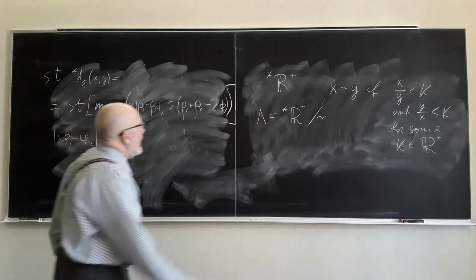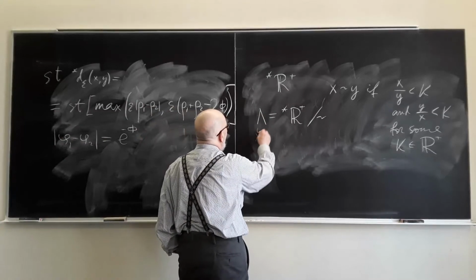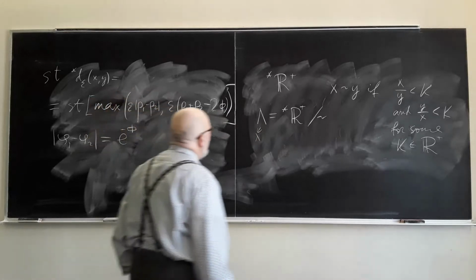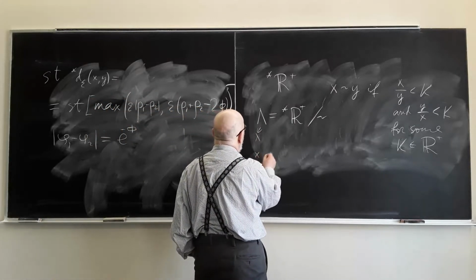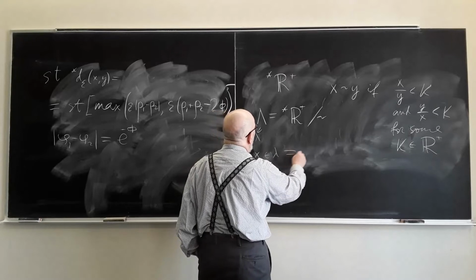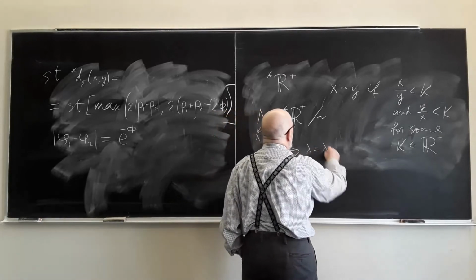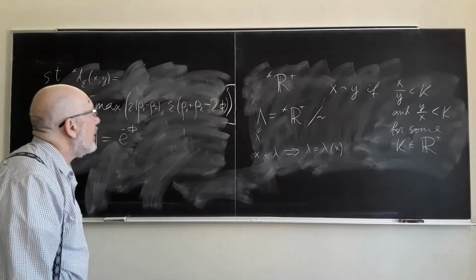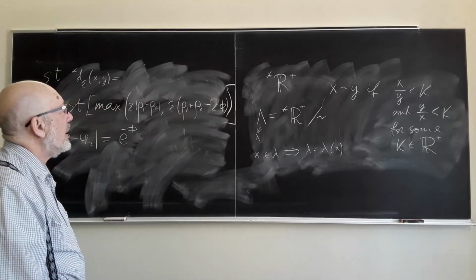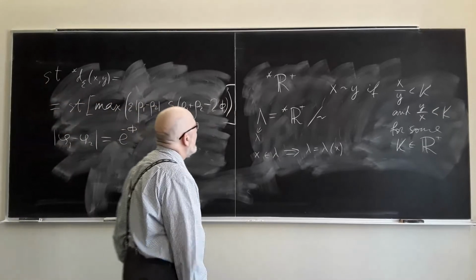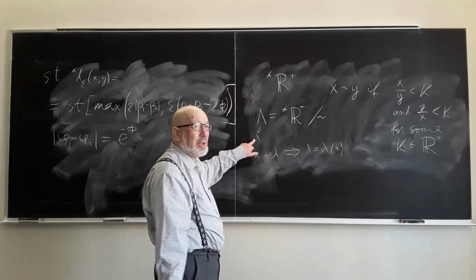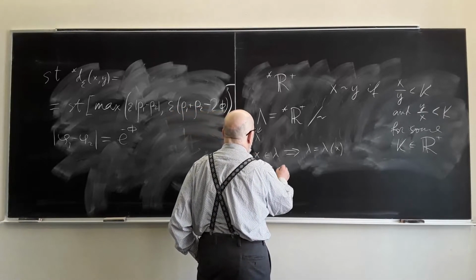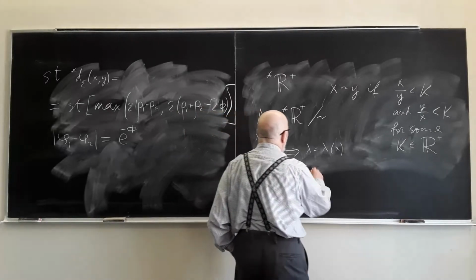Now these are elements of this set, and if x is in lambda, we write lambda equals lambda of x. Now in each class lambda, we choose a representative.